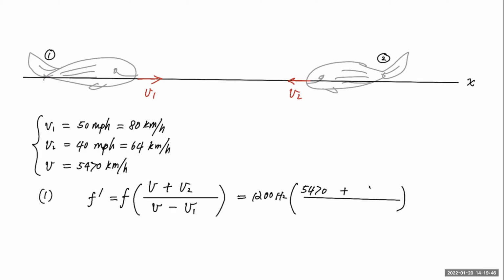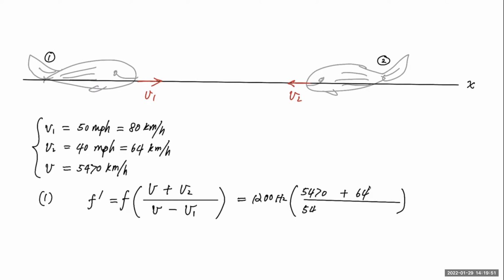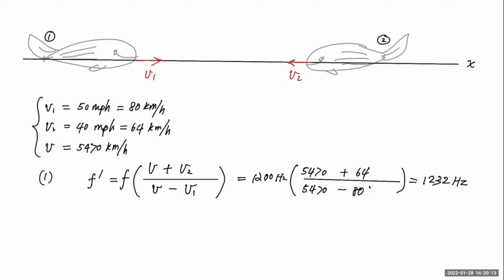V2 is 64, and then divided by 5,470 minus V1, which is 80. So the factor in the parentheses is slightly greater than 1, and if you do the algebra, you find the answer to be 1,232 hertz. So there is an increase in frequency of 32 hertz. So that's the first part of the problem.